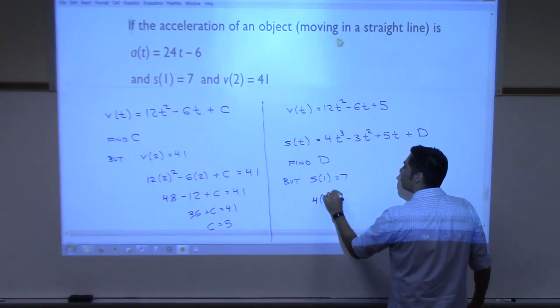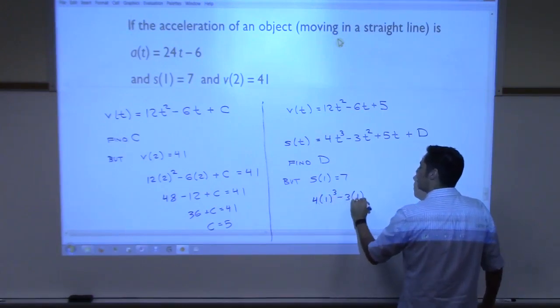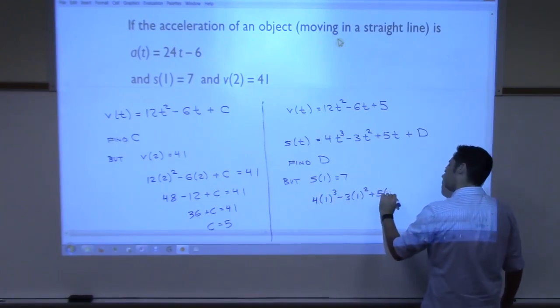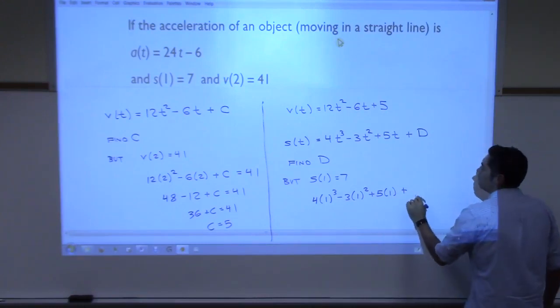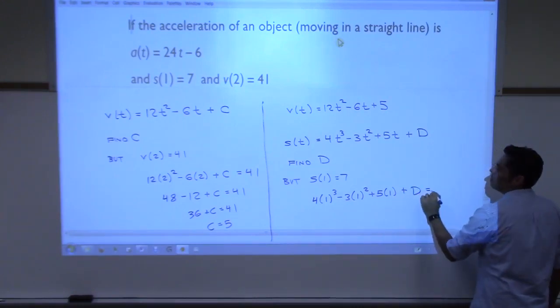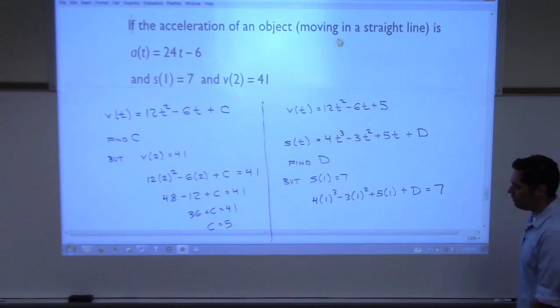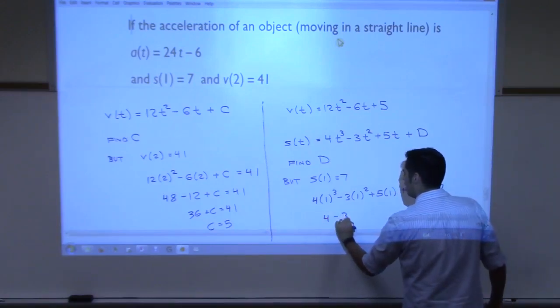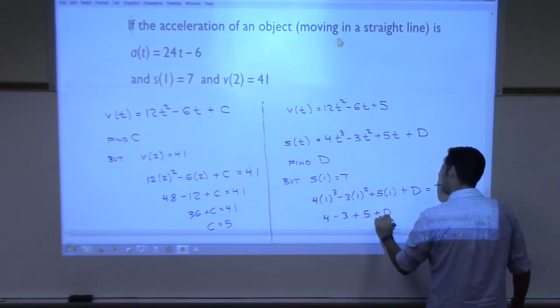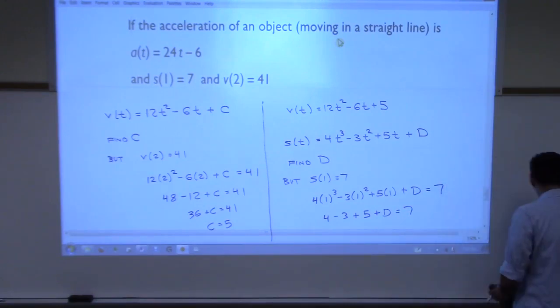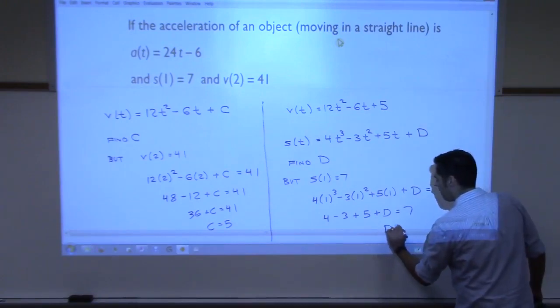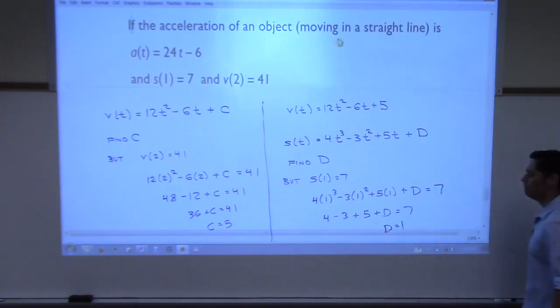Because 1 to any power is just 1, so this is 4 minus 3 plus 5 plus d equals 7. I think you can handle it from there. Did I do that right? D is 1? D is 1.